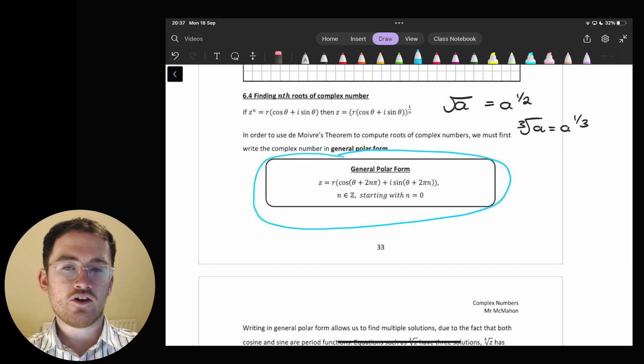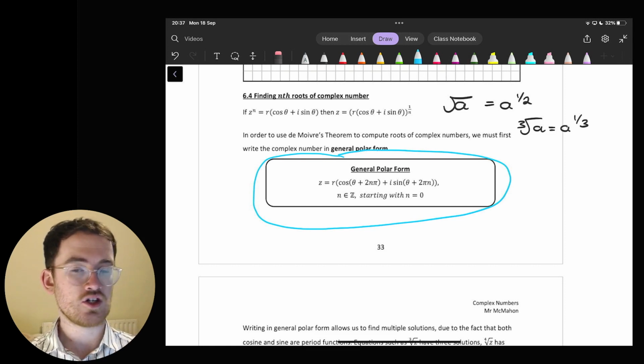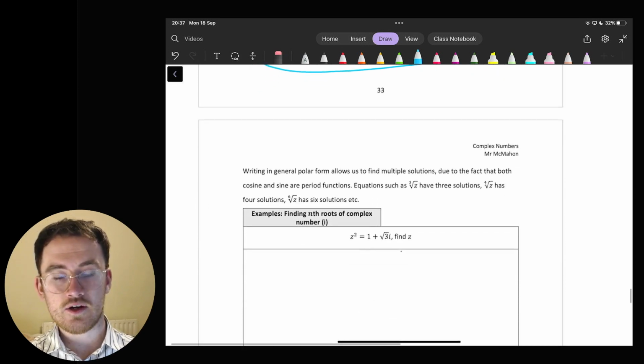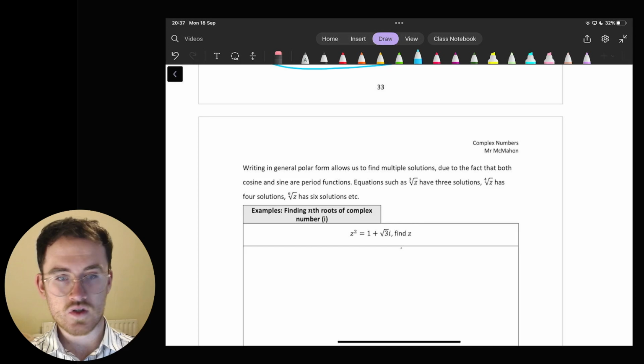And adding on that period allows us to have those extra solutions. So we write our complex number in general polar form, we apply de Moivre's theorem, and then we start with n equals 0 and go up for however many solutions we need. A 6th root has 6 solutions, and so on and so forth.